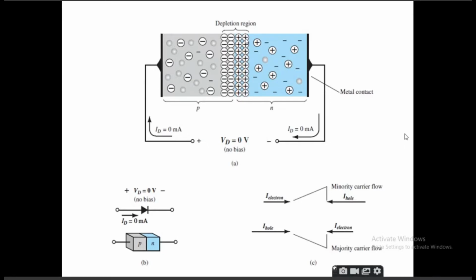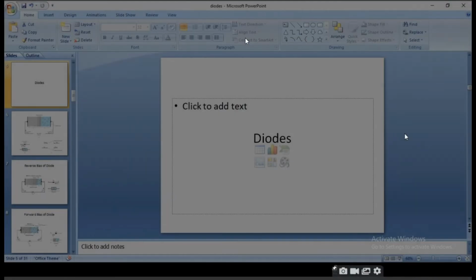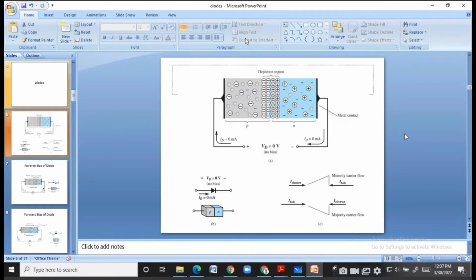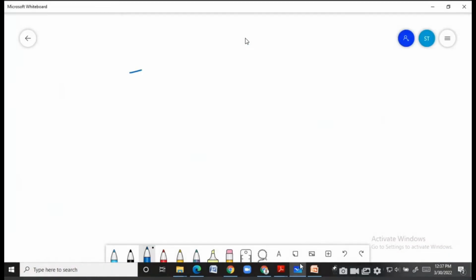Here another term comes into the picture, that is called the bias.